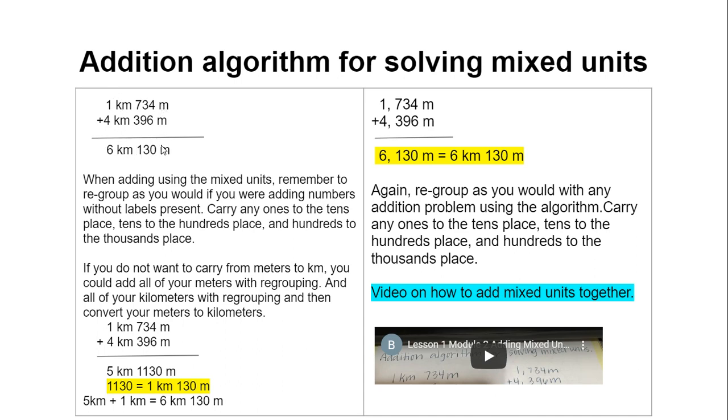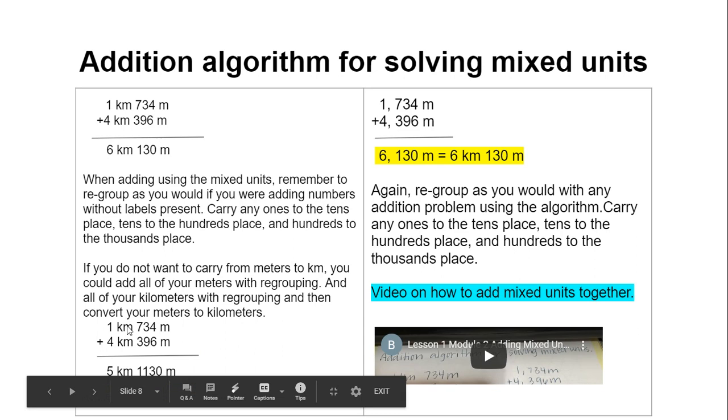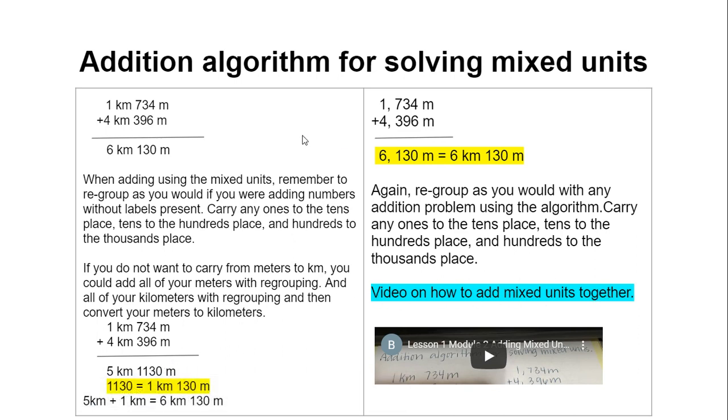Adding in your meters and kilometers. You can also convert everything to meters, add up your meters, and then convert back to kilometers and meters. You can add all of your kilometers first, like on the previous slide, add all your meters, and then convert after. So here's a video on how I use the algorithm to solve each of our examples.